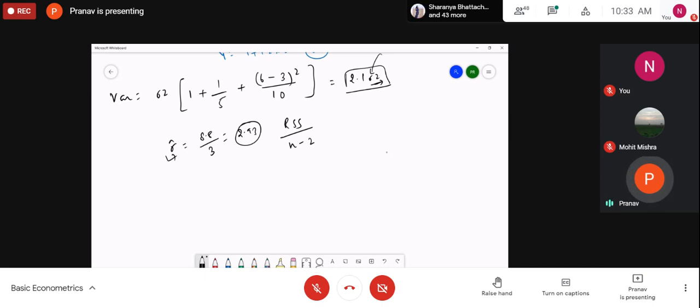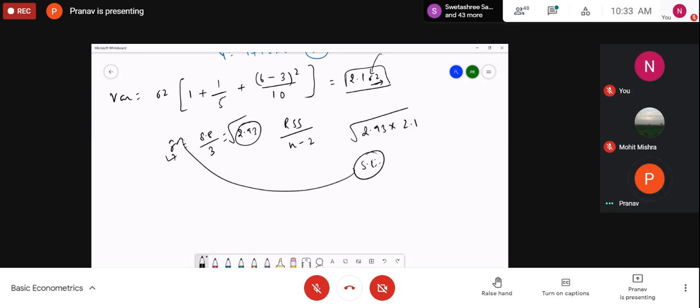If you take its square root, you will get the standard error. This will give you the standard error of this prediction error.